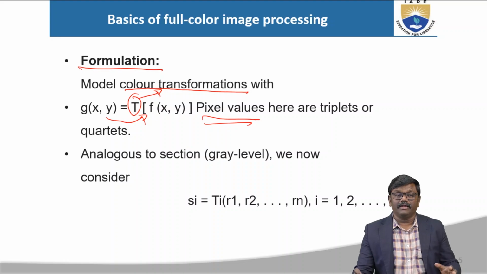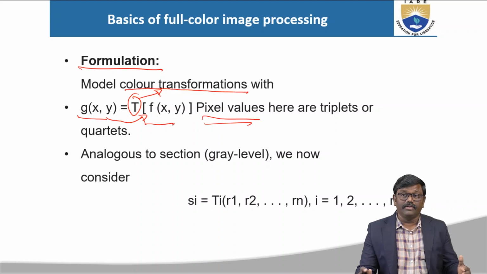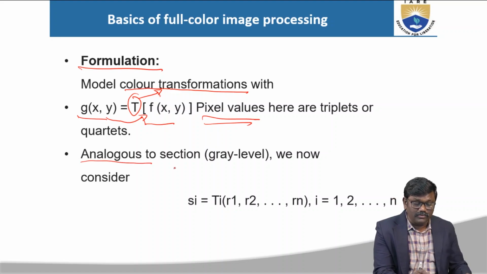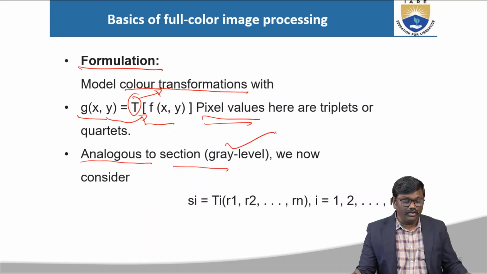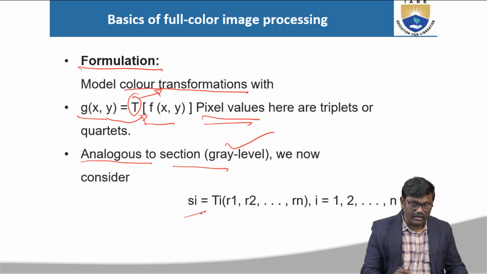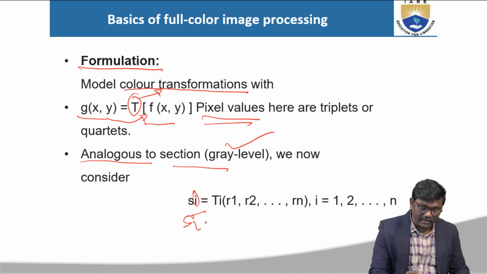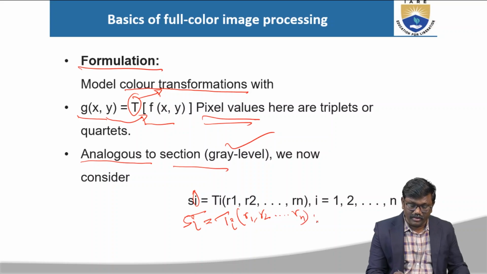Once you are transforming from grayscale to color, the transformation depends 100% upon the analysis and selection of your grayscale image, the gray level image. Let us assume Si is equal to Ti of r, where i varies from 1 to n.